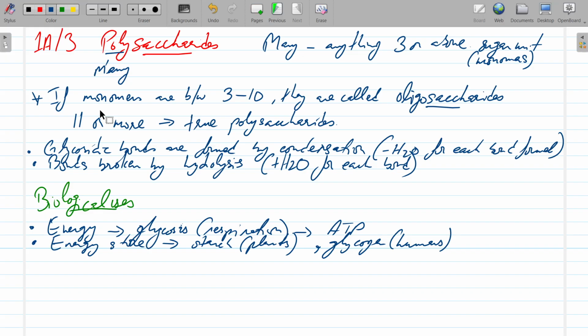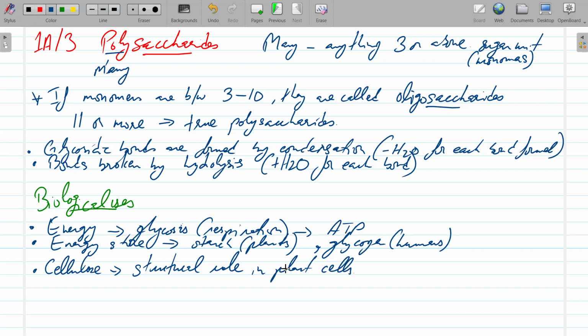Then you also have cellulose, which has a structural role in plant cells.